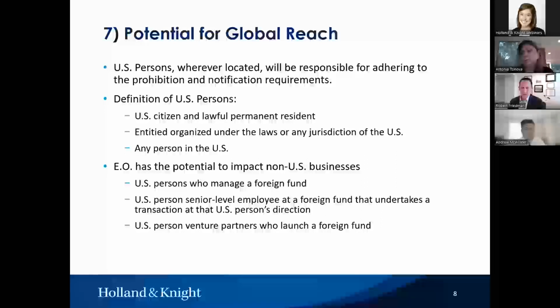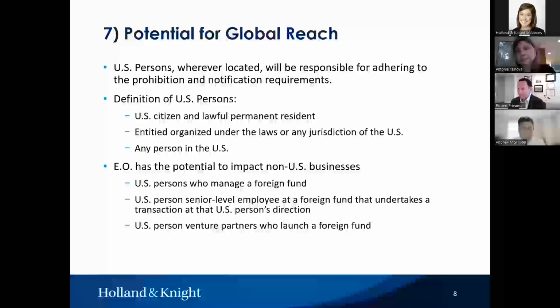Antonia and Andrew have talked about how non-Chinese investment targets might be brought into the proposed rules, as well as certain Chinese subsidiaries of U.S. persons. I'm going to focus now on the way in which these rules have the potential to impact non-U.S. investors, so funds or investors outside of the United States that might have some U.S. touch point.